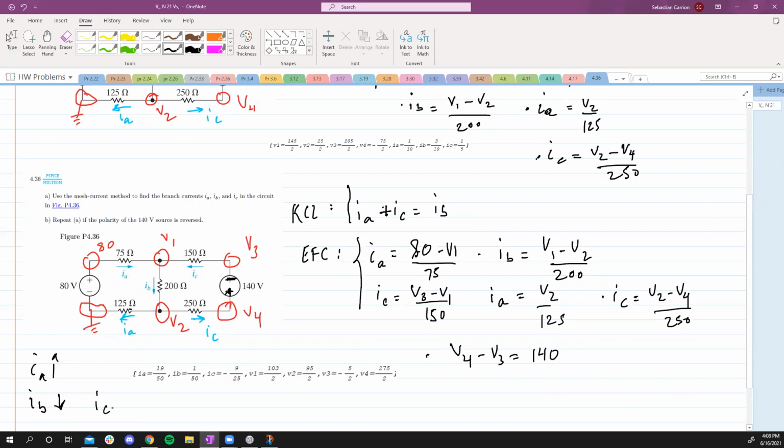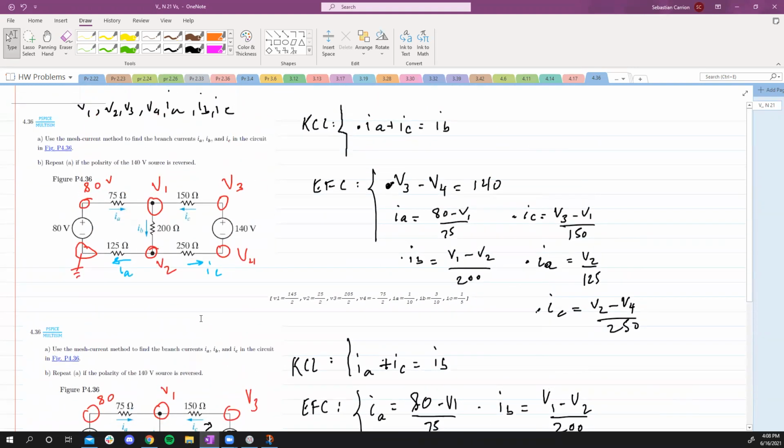And IC is going in the reverse direction. So instead it's actually going this way, it's 9 over 25. So IC actually increases this time. Yeah, so this is the answer for 4.36.